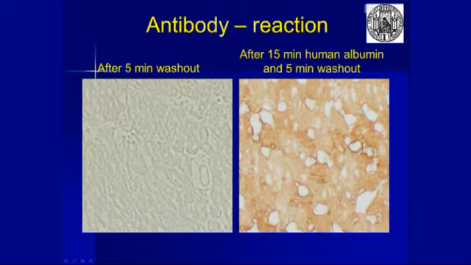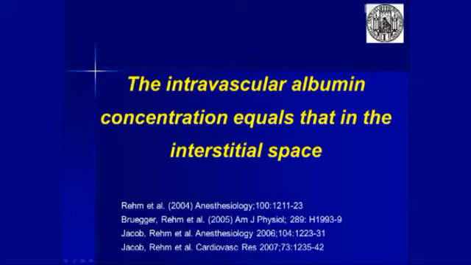The right-hand panel here shows the albumin distribution in myocardium after 15 minutes perfusion with albumin and 5 minutes without. As can be seen in the left-hand panel, guinea pig albumin showed no positive antibody reaction. Consequently, we found that the intravascular albumin concentration equals that in the interstitial space.